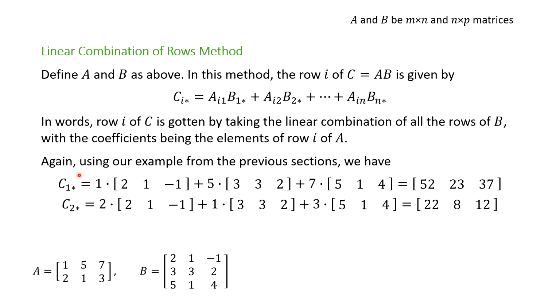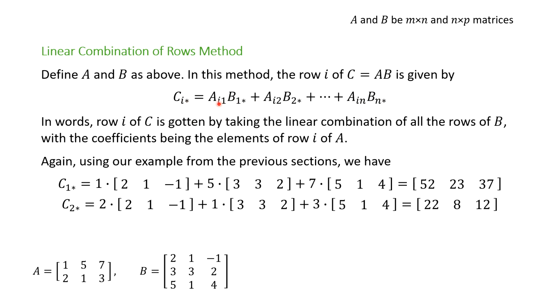So I'll give you an example where we'll use our same example from before, but we'll compute it differently. First we'll do the first row of the product. So we'll put in 1 for I here.